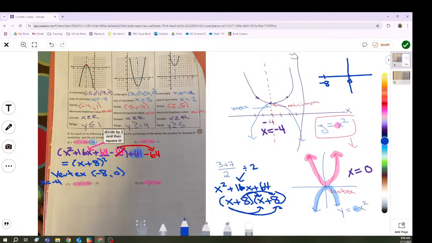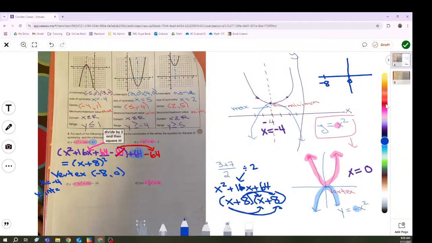It also asks for the y-intercept. Where is it crossing the y-axis? Okay, so we had, oh shoot, hang on, no, I already made a mistake. At least it's a small one.